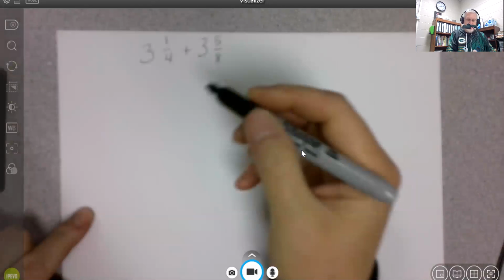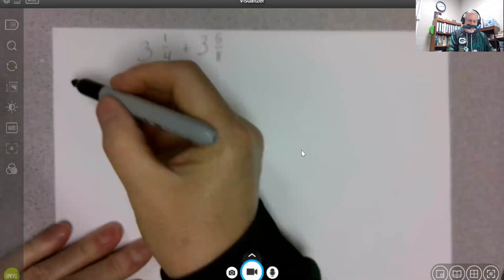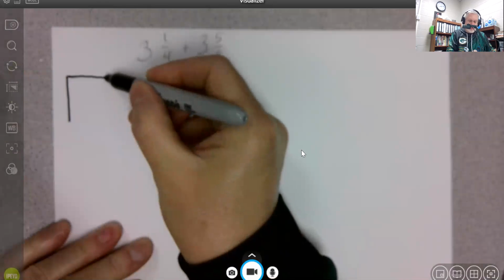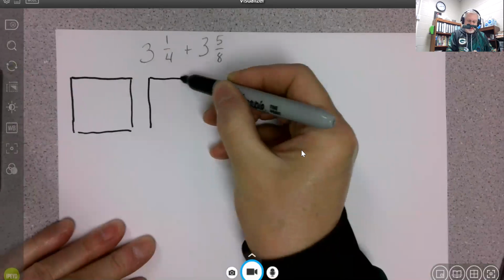All right. So the modeling of the wholes should be relatively easy. It's basically just taking a box and just filling that in.